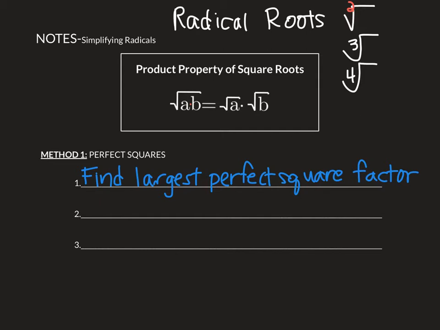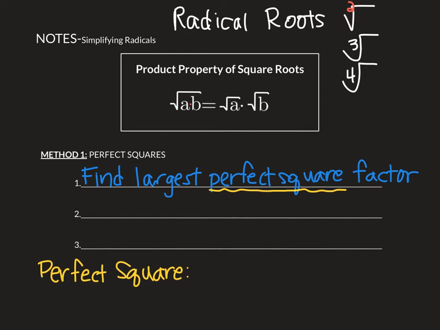If we're looking for the largest perfect square factor, we're looking for something a little bit different. So let's talk about our perfect squares. How many of you know what a perfect square is? Well, a perfect square is a number that we can take the square root of. It is a number that is multiplied by 2 of the exact same other numbers to get it.